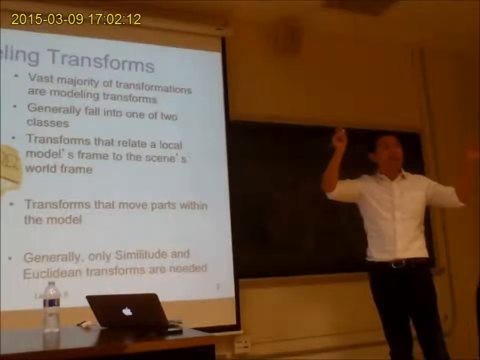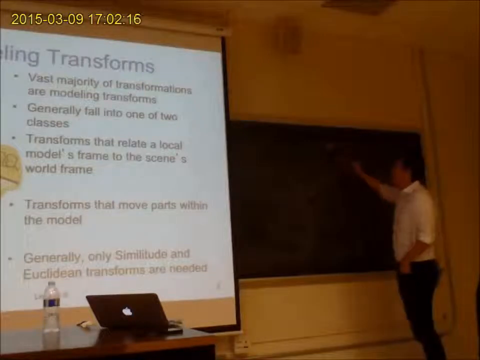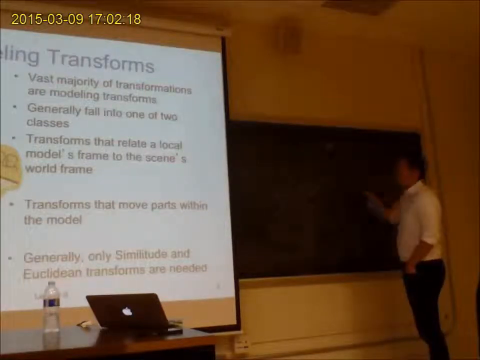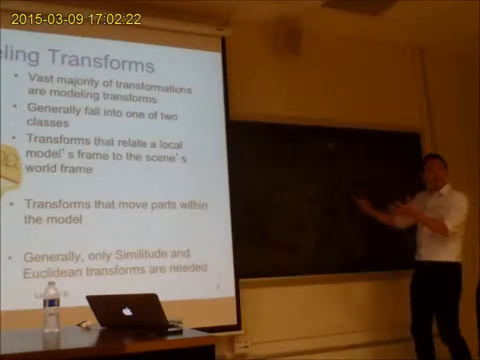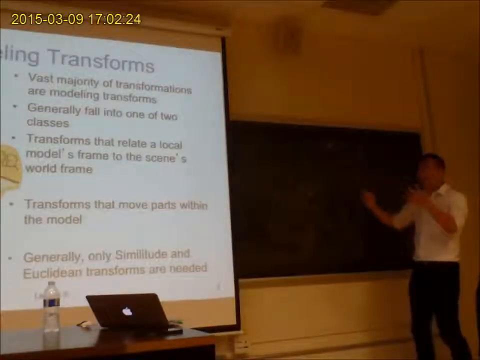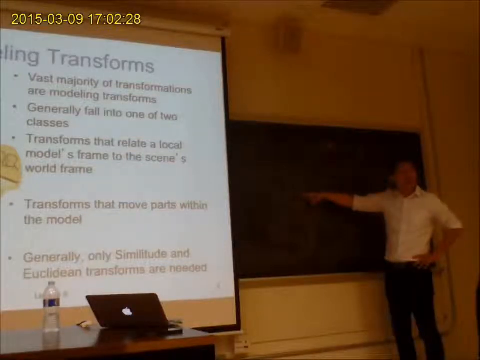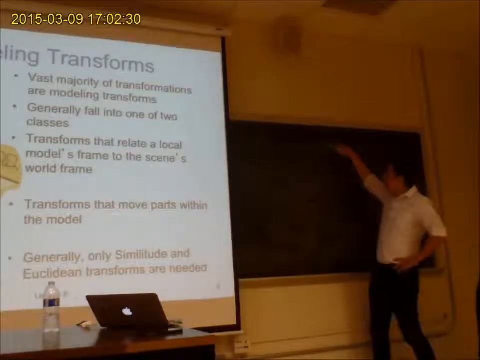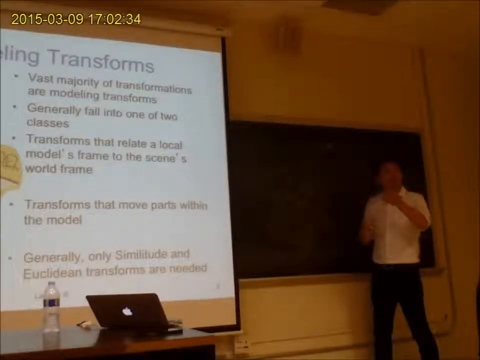Is it clear? Good. And my goal is to find a transformation T applied to the eye coordinate system, right? I want to transform the eye so that the eye will lie at the origin, and the viewing direction will align with Z. Is it clear?